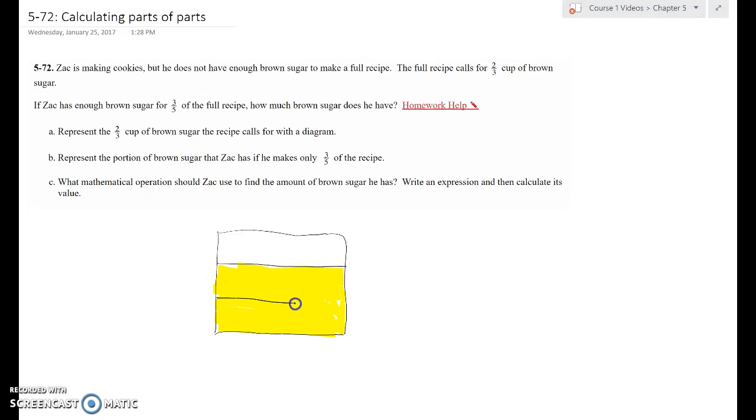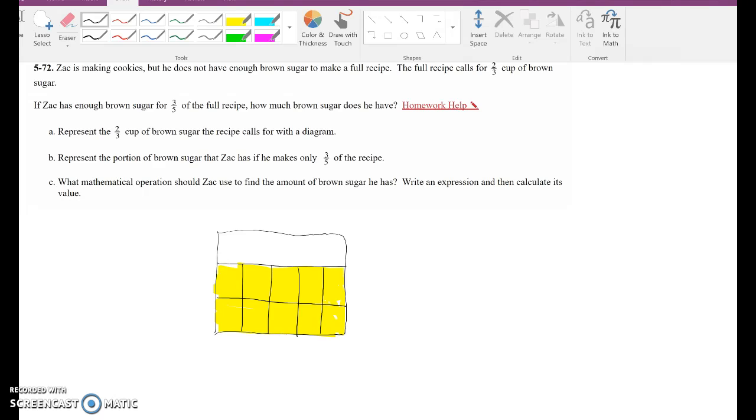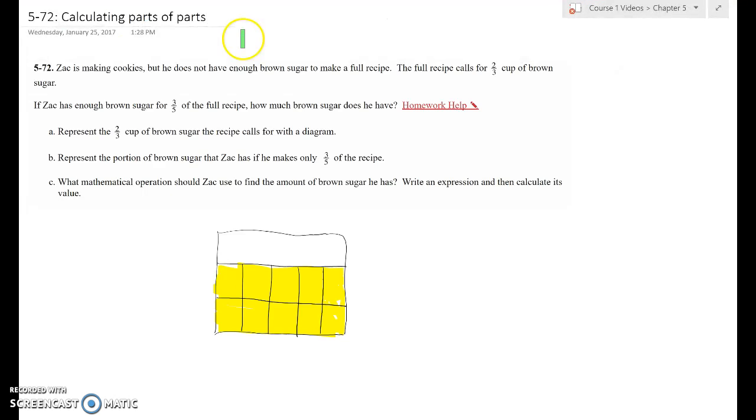All right, so that's what I'm going to do. I'm going to take this and cut it into 5ths now. 1, 2, 3, 4, 5. And I need 3 of those 5ths. So here we go. Here's 1, 2, 3.